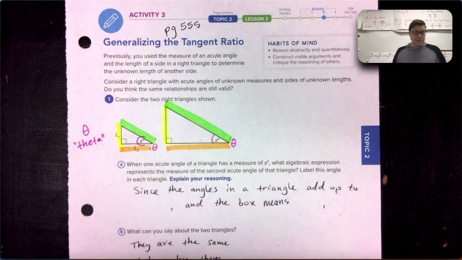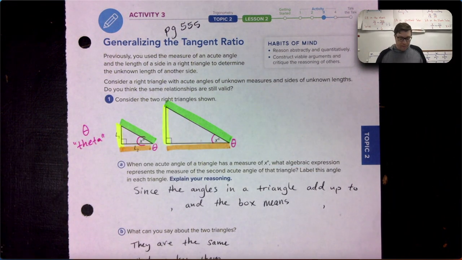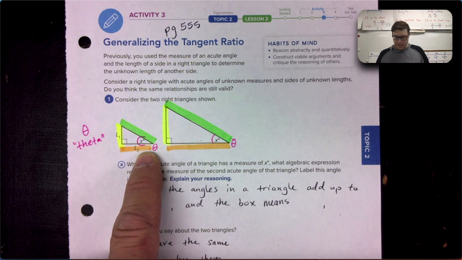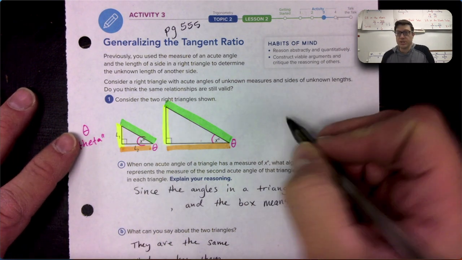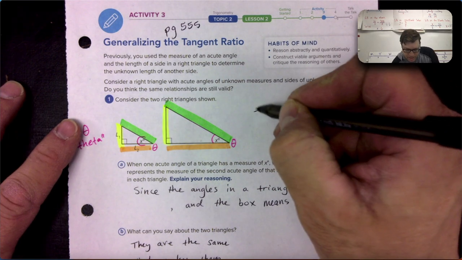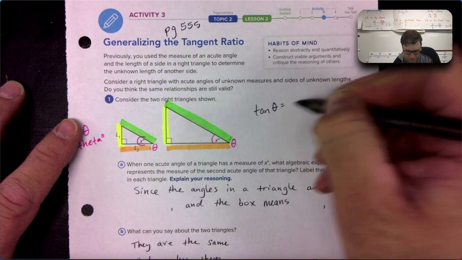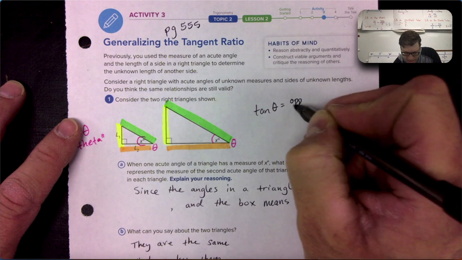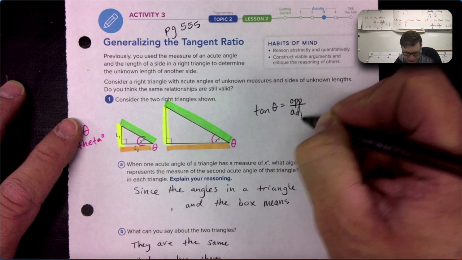A reminder that tangent is the ratio of opposite to adjacent. So over here, notes on the side, just to be consistent as we talk about the tangent ratio, the tangent of theta is the opposite side divided by the adjacent side.